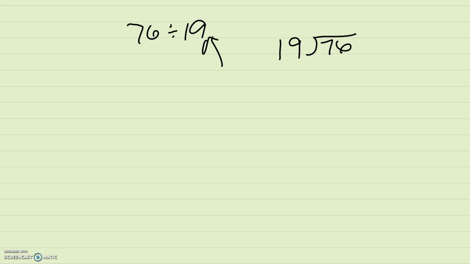Let's talk about what we call each of these numbers. The 19 we call our divisor. And the 76 here is our dividend.